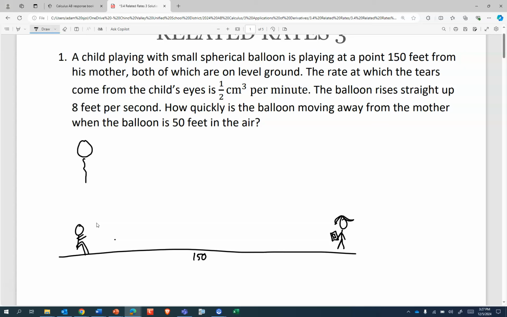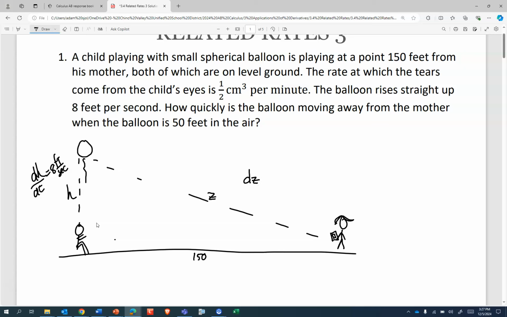So this distance above the boy, I'm going to call h, which means that's dh dt, 8 feet per second. And since h is growing, that's a positive 8 feet per second. How quickly is the balloon moving away from the mother when the balloon is 50 feet in the air? Right. So I need to know this distance.